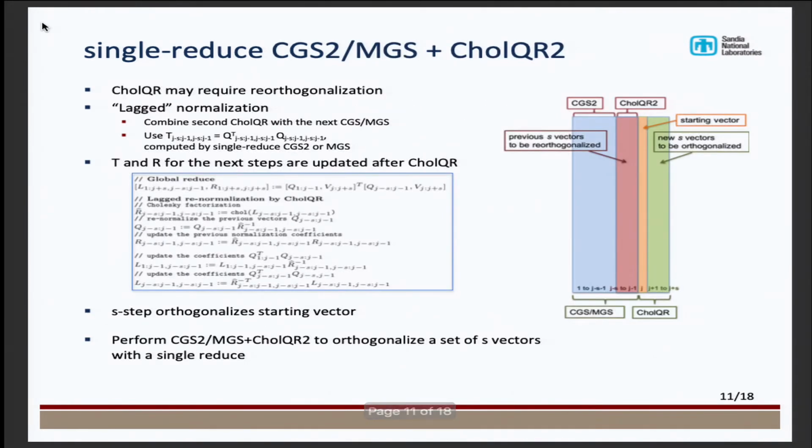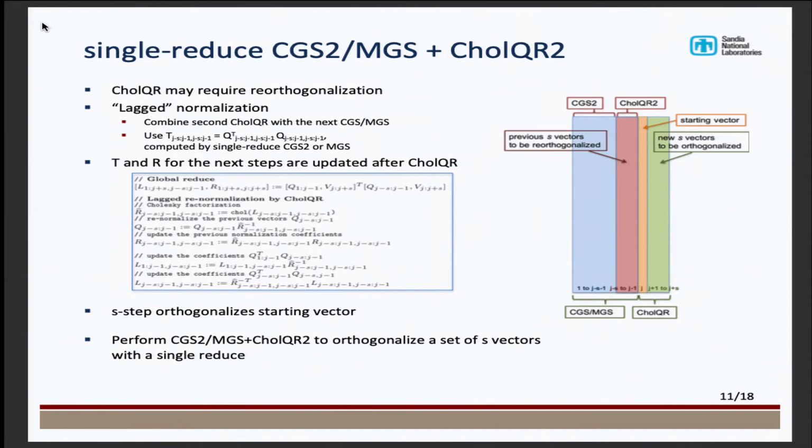Okay. So finally, in order to really maintain the orthogonality, we may have to apply this Cholesky QR twice. And we're going to do this by delaying this second Cholesky QR until the next step to orthogonalize the next set of vectors.